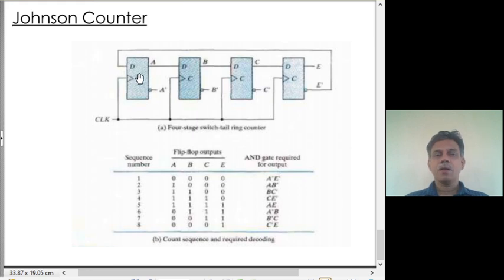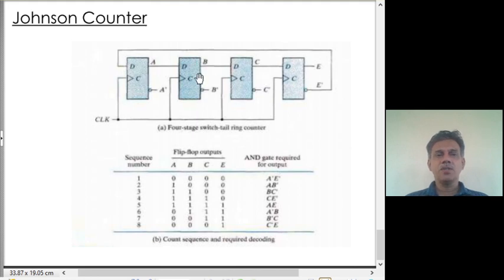As long as this flip-flop is 0, its complement value 1 is the one which will go back here. So if you have 0 0 0 0, the next state will be 1 0 0 0. And this is 0, so a 1 will go back here and this will again be rotated. This 1 will come here, this 1 will go here, and so on.